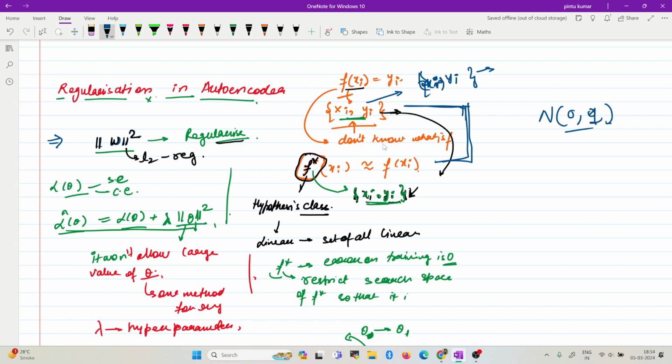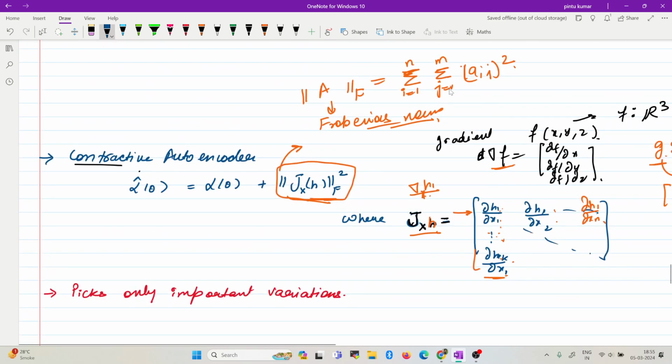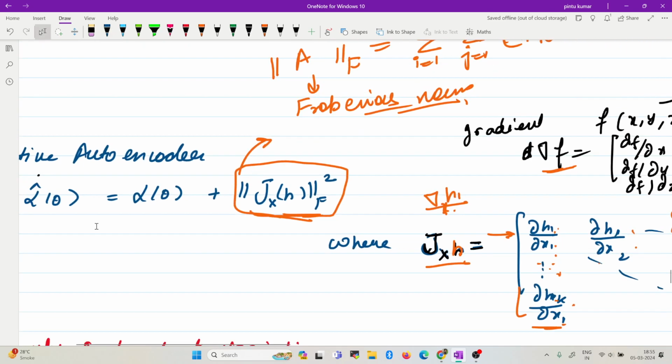Because this is what my problem was. When my data was getting perturbed a little bit, the function that would fit would drastically change. But what I want now is, if I perturb my data a little bit, the function should not change a lot. This is what we are imposing via this Jacobian norm.